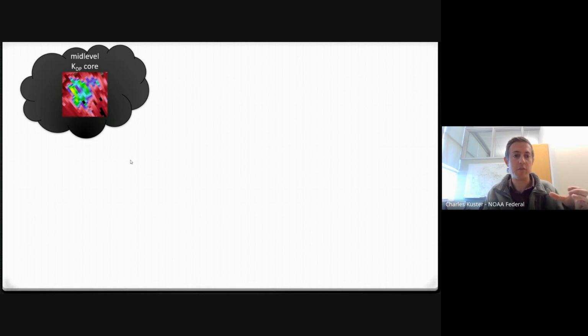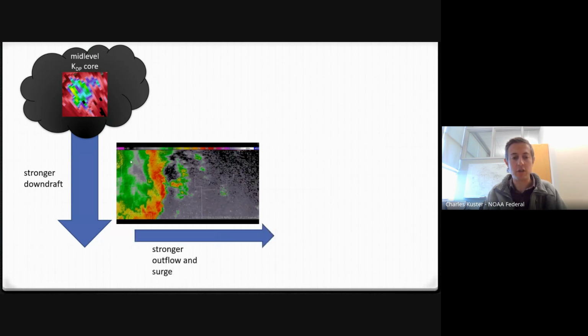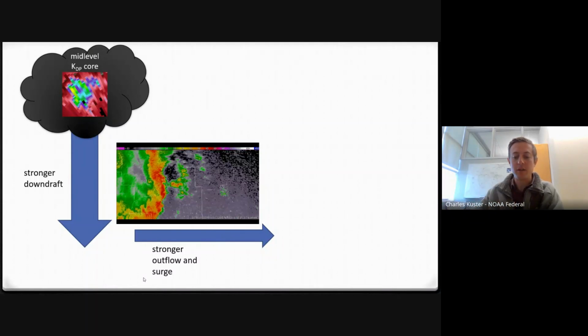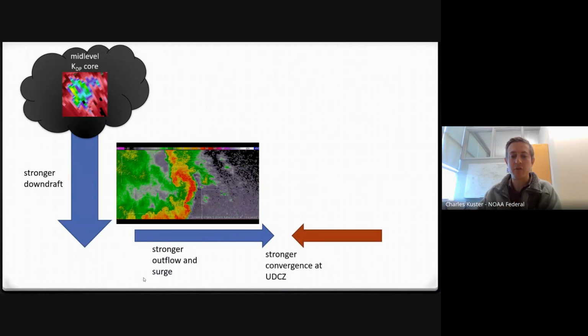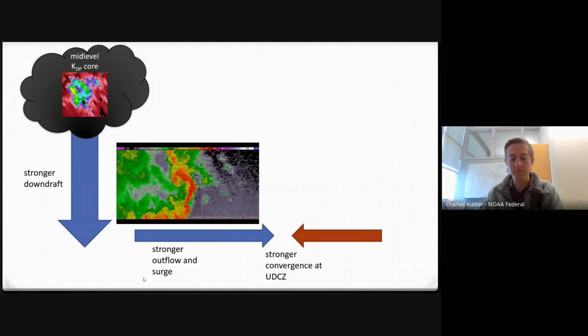All right, so we have a mid-level KDP core that's strong. It means we could have a stronger downdraft because of that precipitation loading and that cooling. Okay, so what happens when that stronger downdraft reaches the surface? Well, we should have stronger outflow and a stronger localized surge where that stronger downdraft hits the surface. So with that stronger outflow, we then have stronger convergence at the updraft, downdraft convergence zone.